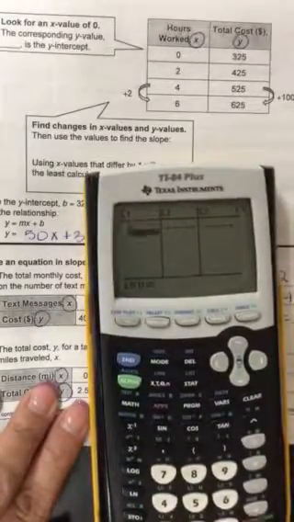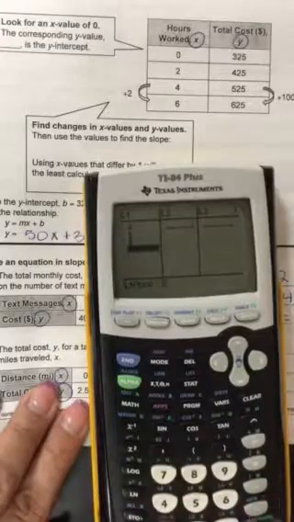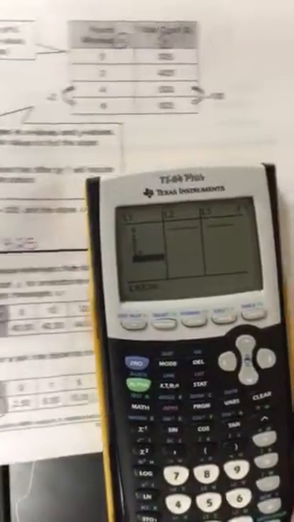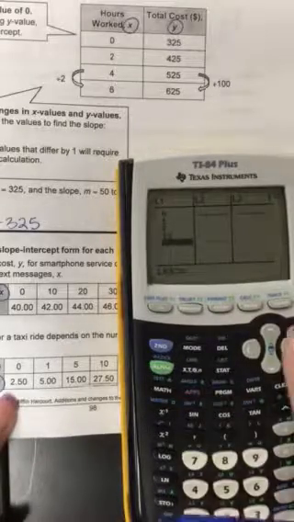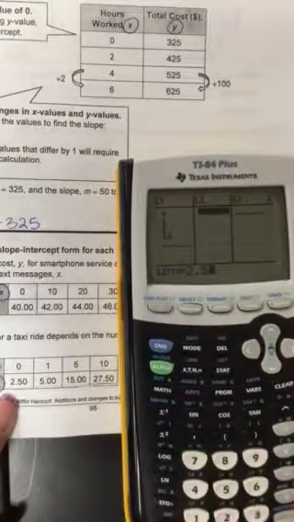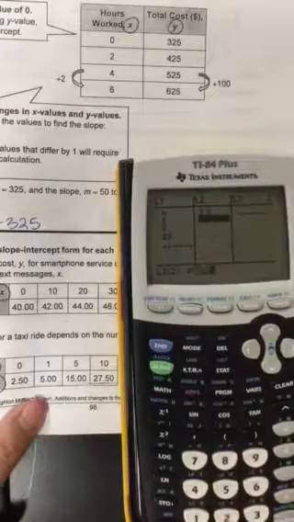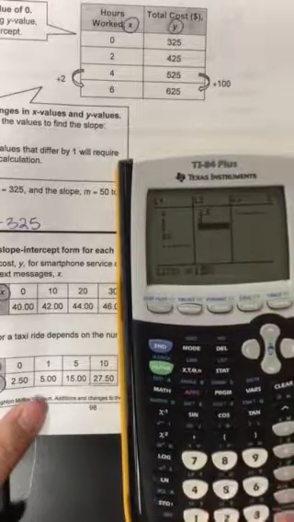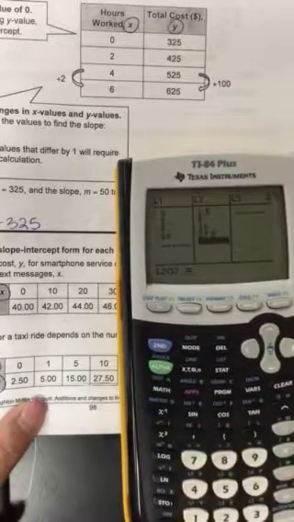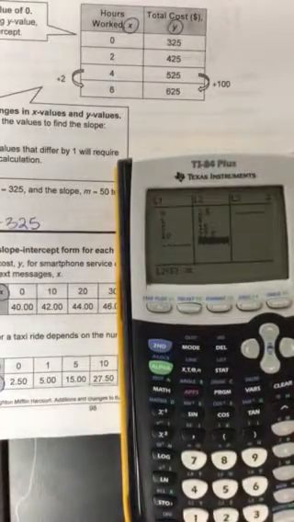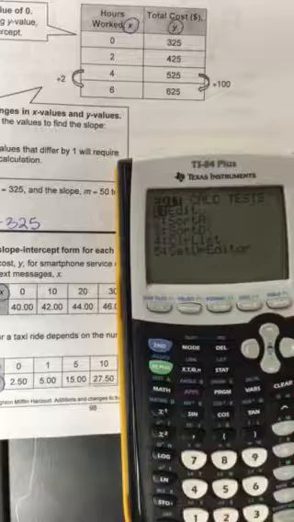Then I'm going to move over and put in 2.50, 5.00, 15.00, and 27.50.